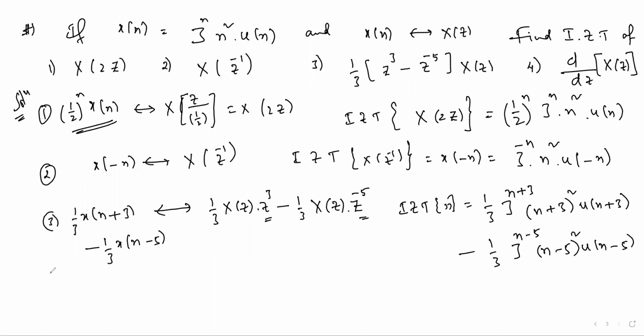Fourth one, what is the inverse Z transform of d by dz of X of z? Simple derivative. And what is the corresponding x of n for this function? Good one.